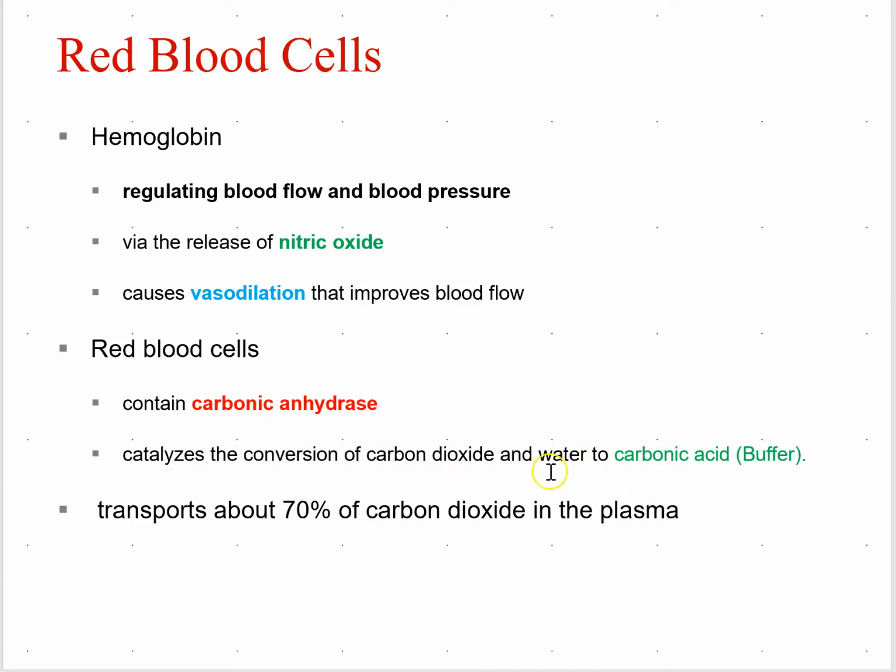Carbonic acid is the main buffer in the blood, which helps in maintaining the pH of the blood. The normal pH of the blood is 7.35 to 7.45. Anything below 7.35 makes the blood acidic, and anything above 7.45 makes the blood basic or alkaline in nature. Red blood cells transport about 70% of the carbon dioxide in plasma.